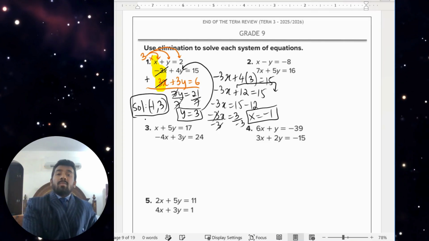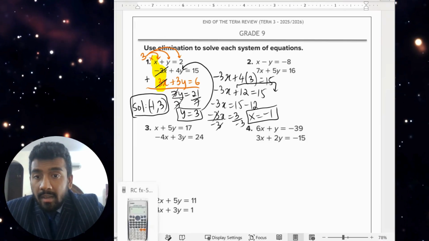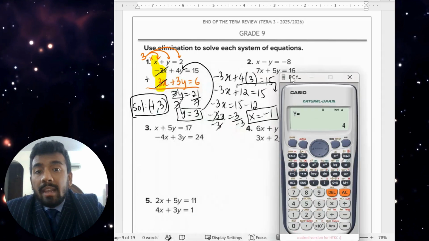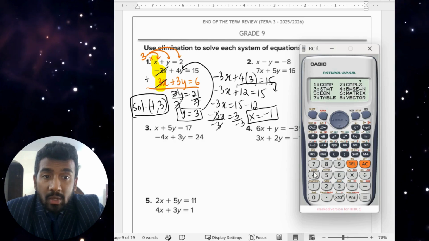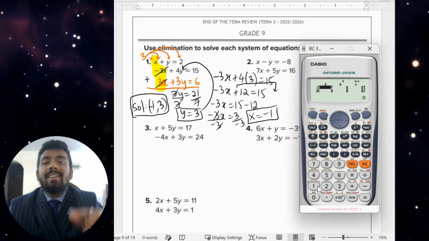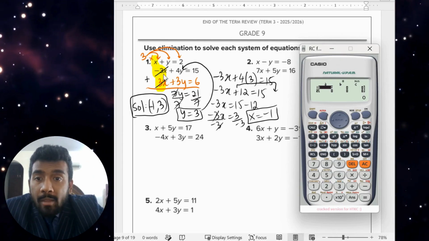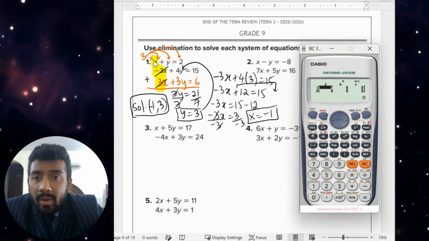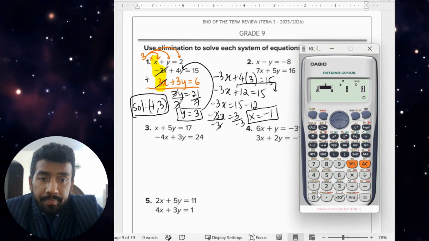But in the exam, if you have a calculator, I'd prefer you use the calculator. I'll repeat again. How do we do it using the calculator? Click mode, click 5, the equation, and click 1. Now you have a, b, c. Put in the numbers. No need to multiply and everything. Look at these two equations. With x there is no number, which means 1.